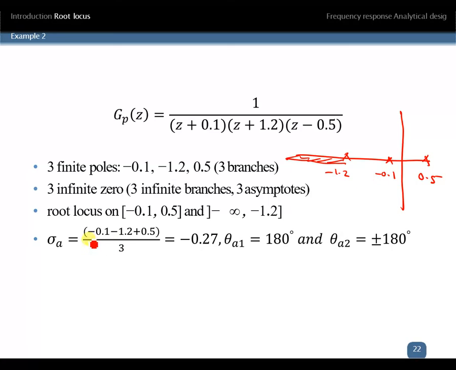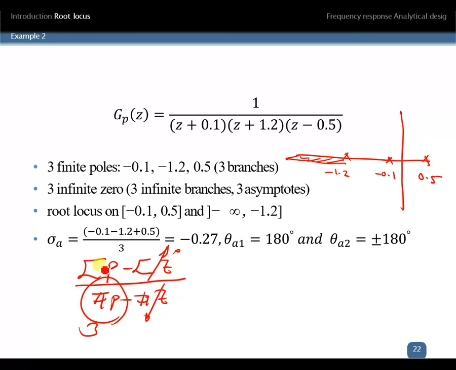The asymptote center is the sum of the poles minus the sum of the zeros divided by the number of poles minus the number of zeros. You don't have a zero here, so that becomes 0, and the number of poles is 3, and the sum of the poles becomes minus 0.27. If you find the angles, they become 180 degrees and minus 180 degrees.